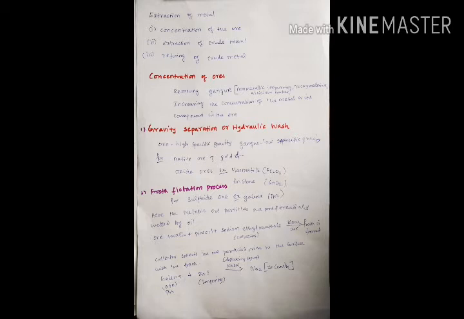For this method, the first step is that the ore is crushed into a fine powder, and then treated with a rapidly flowing current of water. Here, the ore particles have high specific gravity and the gangue particles have low specific gravity.